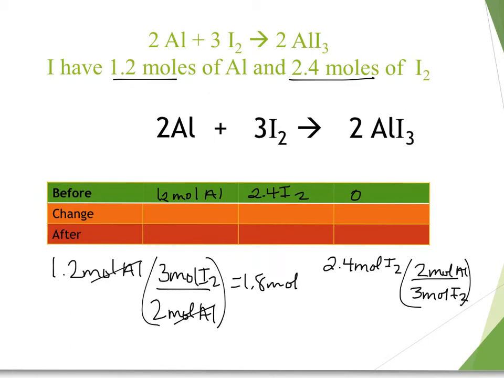Alright, so 2.4 divided by 3 is 0.8 times 2 is 1.6 moles. And then you can see from there, I don't have 1.6 moles. Okay, so either way you do it, you can tell which one's your limiting reactant.